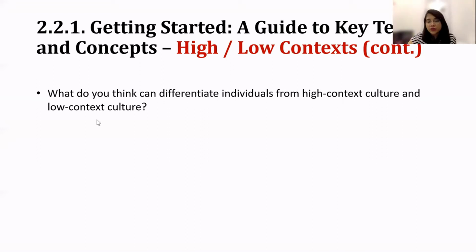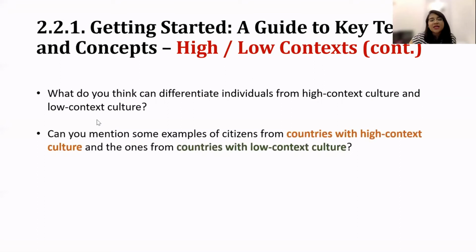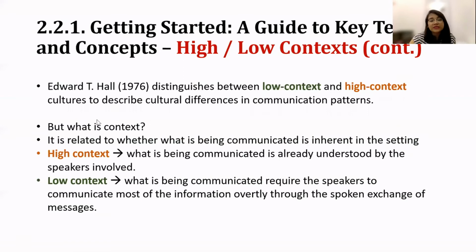The next one, I want you to answer these two questions. What do you think can differentiate individuals from high context culture and low context culture? And can you mention some examples of citizens from countries with high context culture and the ones from countries with low context culture? You may refer to the previous slides to see the differences between high context culture and low context culture.